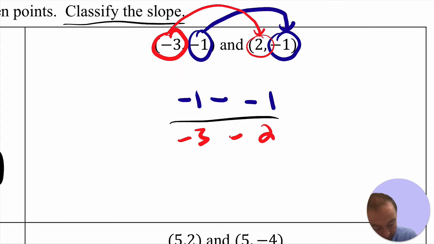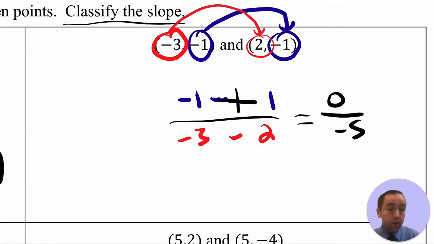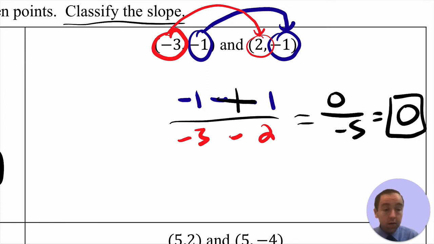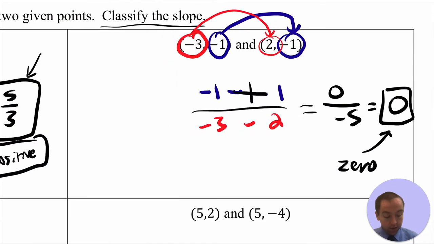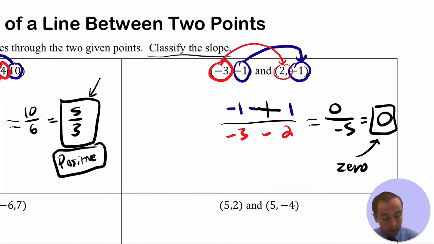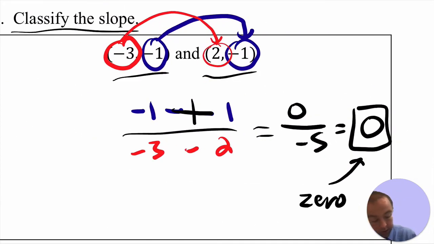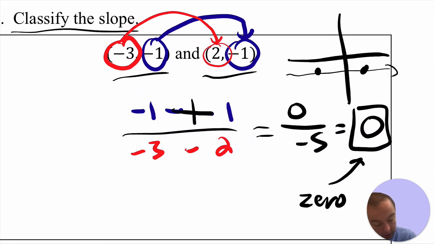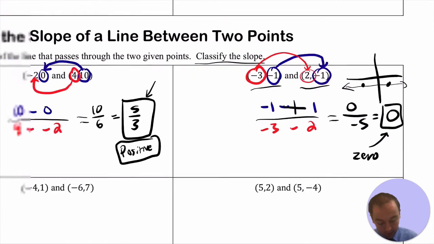Then you're actually going to get a 0 there and then a negative 5. But since 0 is on top, that's going to equal 0. So that is going to be the slope of the line. And then to classify that type of slope, it's a 0 slope whenever you get a slope that is the number 0. That makes sense because if you were to plot those points, negative 3, negative 1 would be right there, and 2, negative 1 would be right there. So of course your line is just going to be a flat horizontal line.